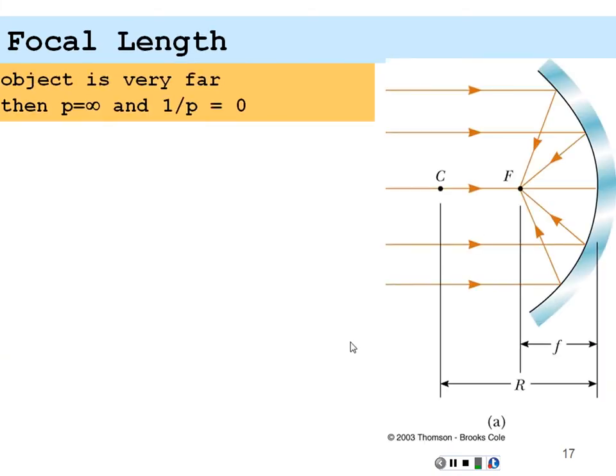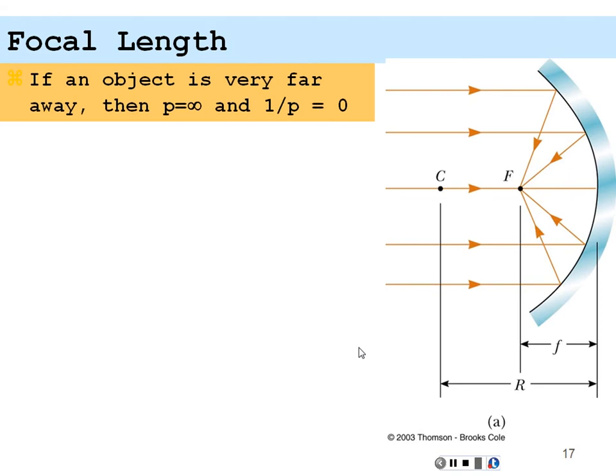Consider this. If we take this mirror equation, and let's say the object is really far away from this concave mirror, then our object distance would be infinity, and 1 over infinity would be 0. So using this mirror equation in that case, we would have 1 over infinity for 1 over p, and that would be 0. So we simply would have 1 over q is equal to 2 over r.